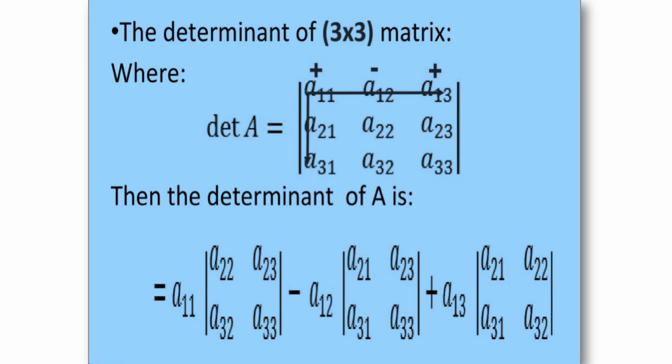Similarly, when we take A12, again A12 lies in a particular row and column, so we delete the row and column in which the element lies, and the resultant elements form the determinant of that. So what we are doing is converting the third order determinant into second order determinants to find the values, right. And then we know how to find the value of a second order determinant: we cross multiply the diagonal elements and thereby get the value of the determinant.